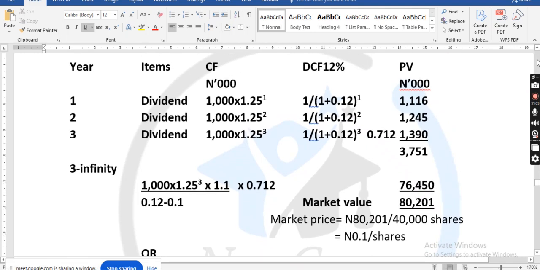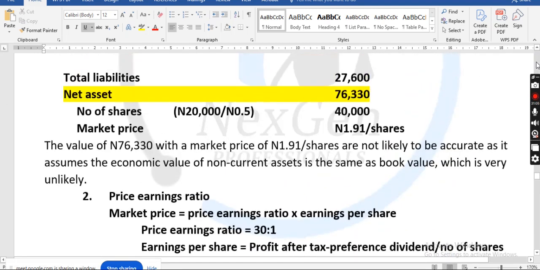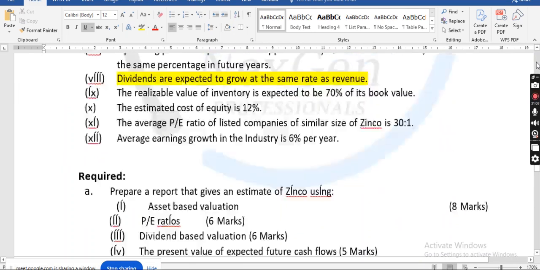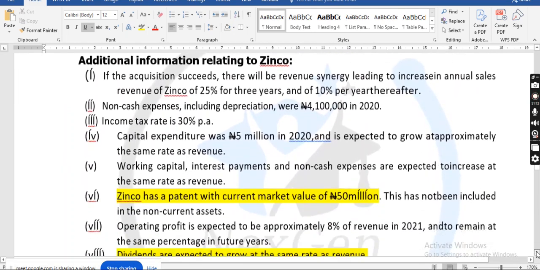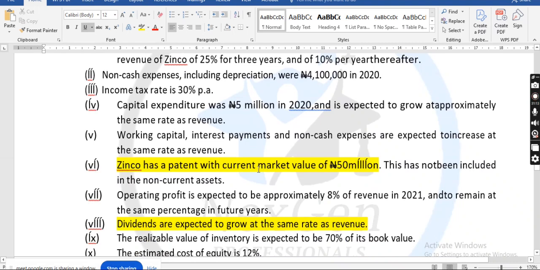Let's quickly check up. We're told that operating profits, from the additional information, where is it? Okay, operating profits is expected to be approximately 8% of the revenue in 2021. Can you see it? You have to start from 2021 and remain the same percentage in future years.